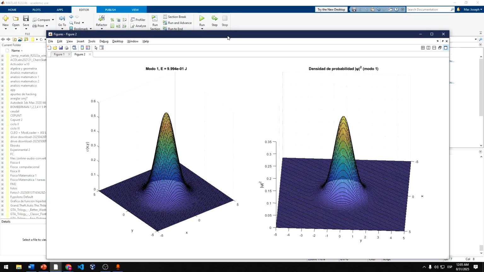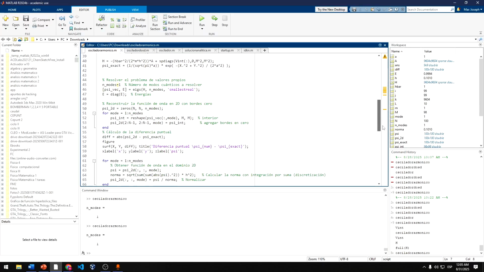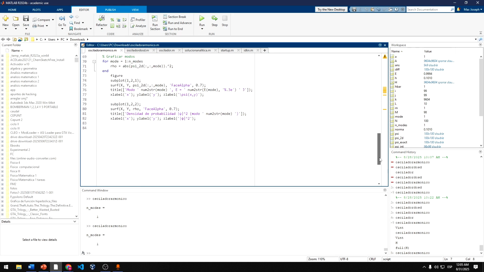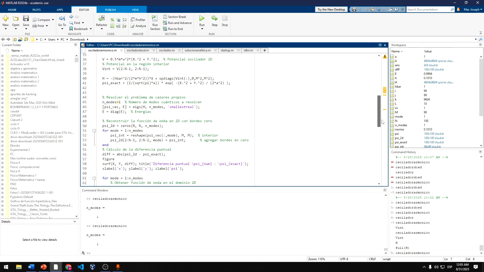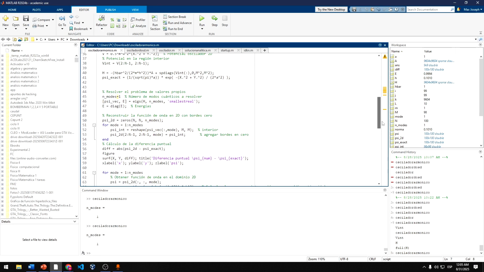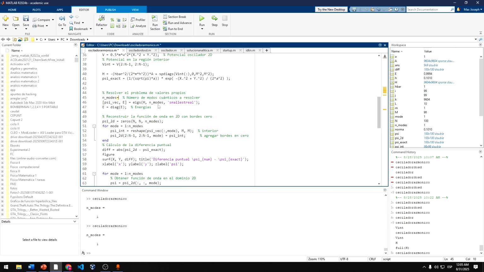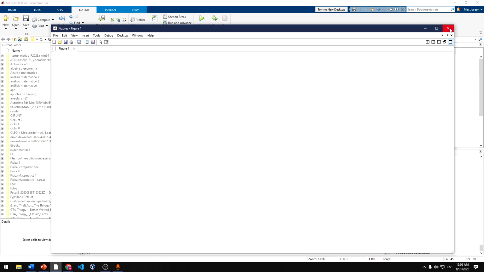Pero nos puede dar una buena idea o podemos obtener buenos análisis con respecto a simplificar más las dimensiones del problema. Por ejemplo, para el segundo estado, como bien dije, no puedo obtener estados degenerados porque estoy solucionando el problema de manera numérica y no de manera analítica.